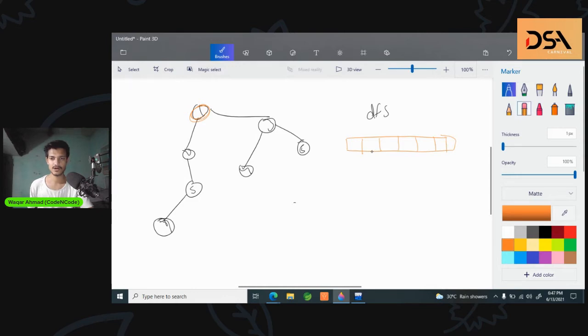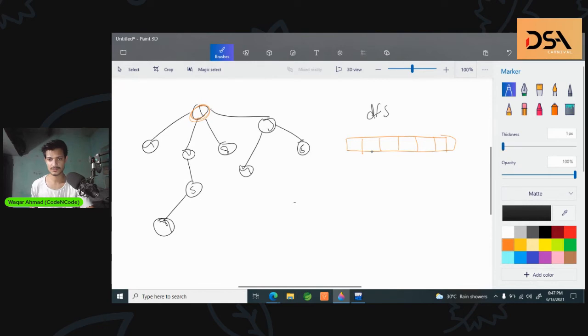I need to change the graph a little bit so you understand what BFS is. So 5, 6, 7, node 8. I messed up. Node 8, 9. This is going to take a lot of space.